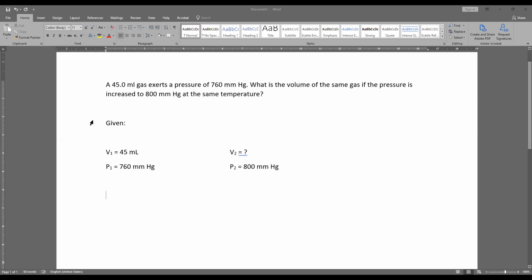Now let's get the base formula. Okay. So, solution.